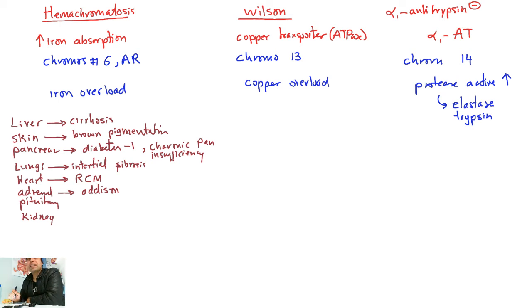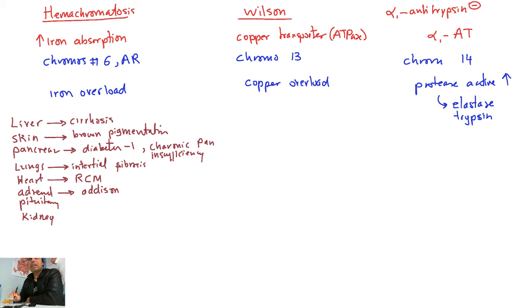So Addison's disease is chronic adrenal failure, not acute. One of the causes of Addison's disease will be what? Hemochromatosis. It has many causes. The most common cause of Addison's disease is actually autoimmune, but in this case, it's iron overload. So Addison's is adrenal cortical failure.